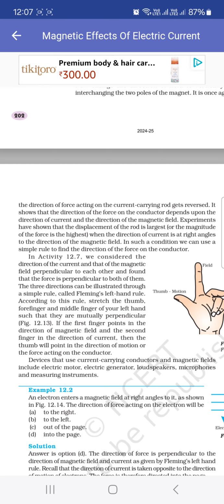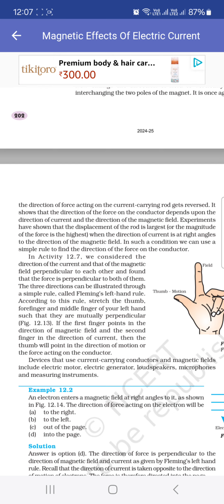Since the direction of motion of the wire represents the direction of force acting on it, we can say the direction of force acting on a current carrying wire placed in a magnetic field is perpendicular to the direction of current and perpendicular to the direction of the magnetic field.